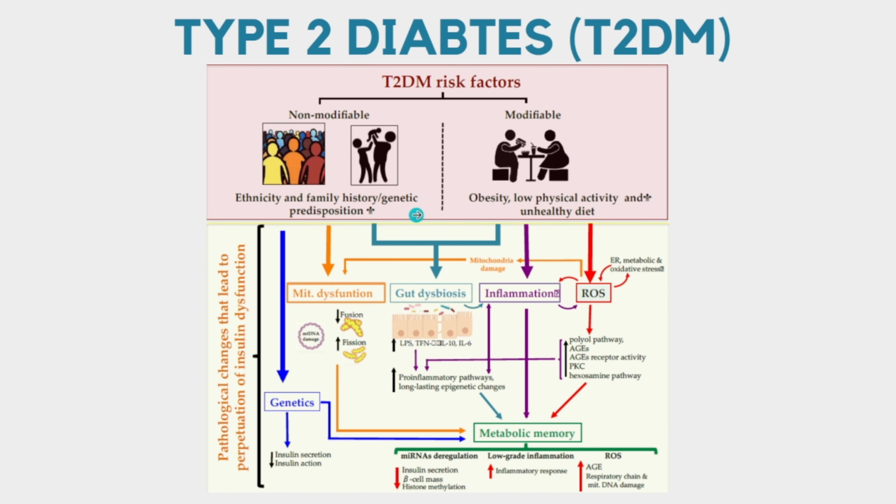As I mentioned, when your insulin cannot work but your blood glucose level is still high, your pancreas still secretes a lot of insulin. Over time, you develop type 2 diabetes due to beta cell dysfunction in the pancreas.